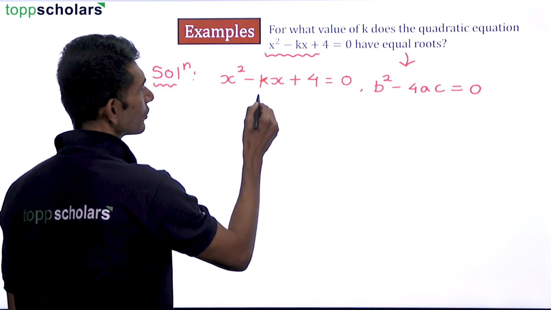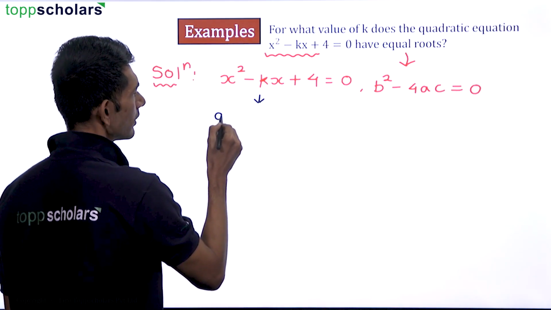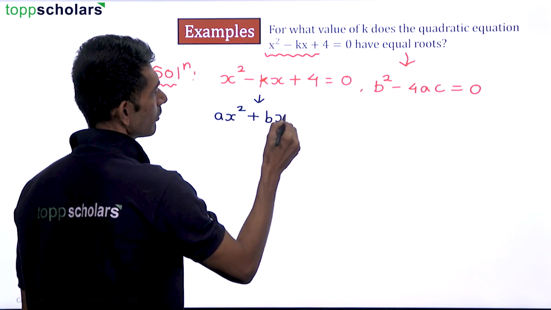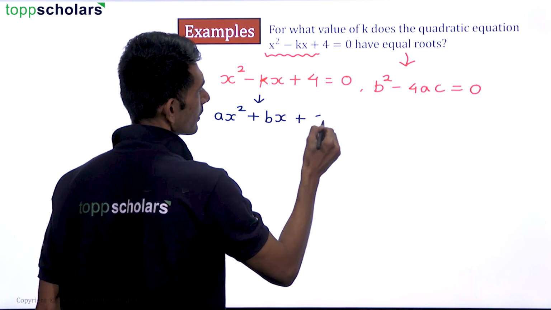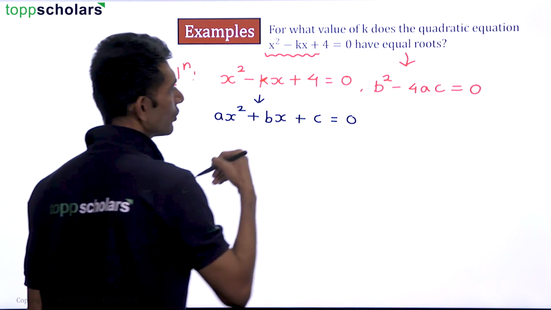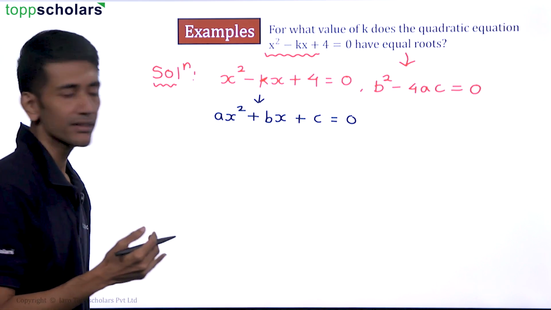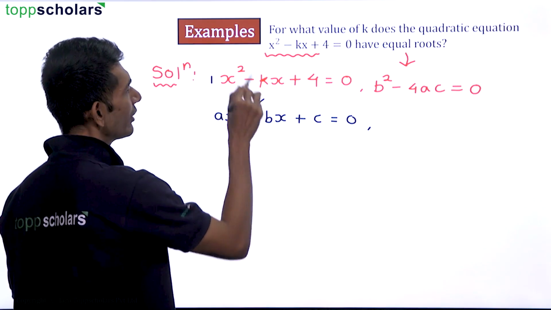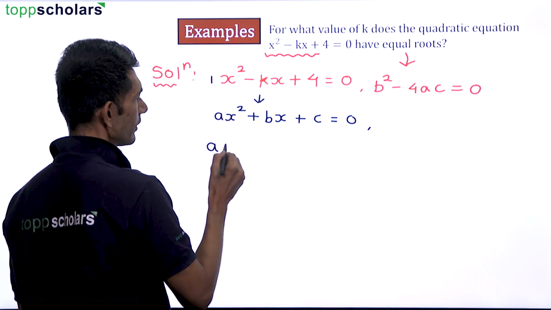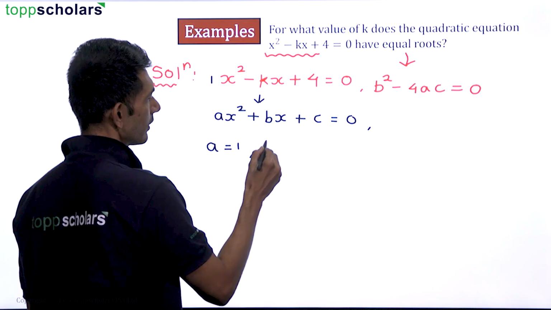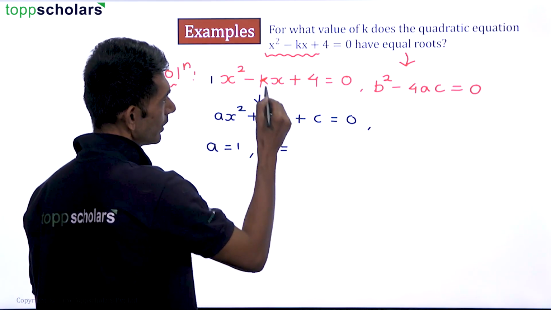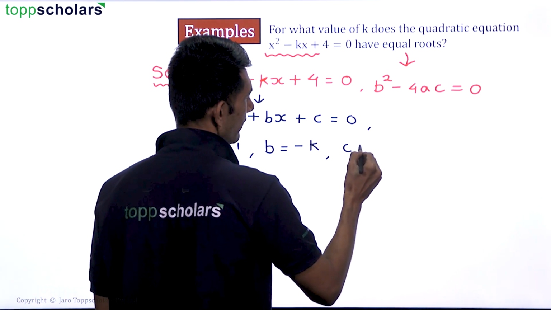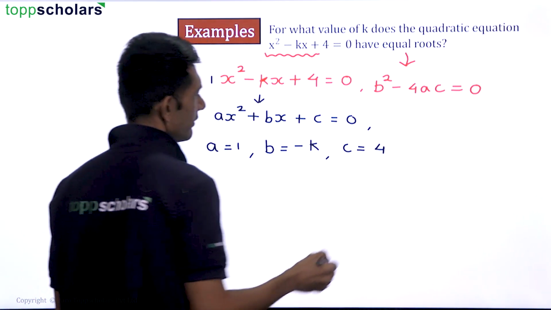So I'm comparing this with ax square plus bx plus c is equal to 0. So what is the value of a, b and c here? The value of a is 1. The value of b is minus k. So can I say a is equal to 1, b is equal to minus k and c is equal to 4.